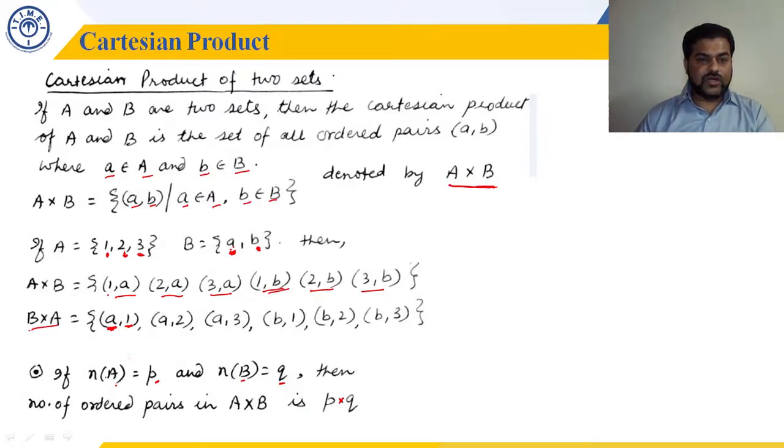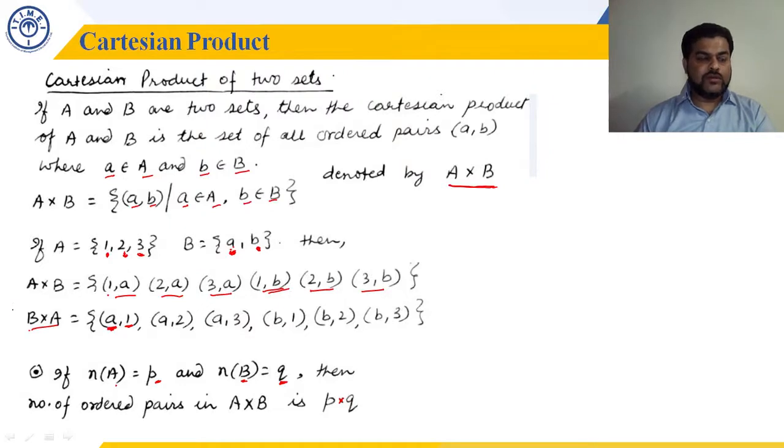Let's understand it once again. If the number of elements in A is p and the number of elements in B is q, the number of ordered pairs in A cross B is p multiplied with q.